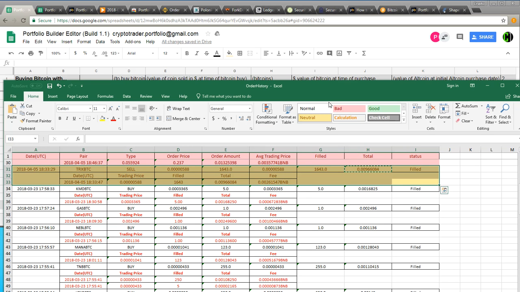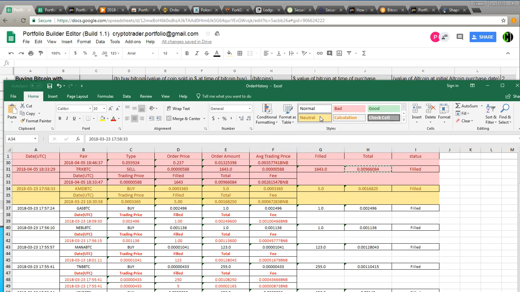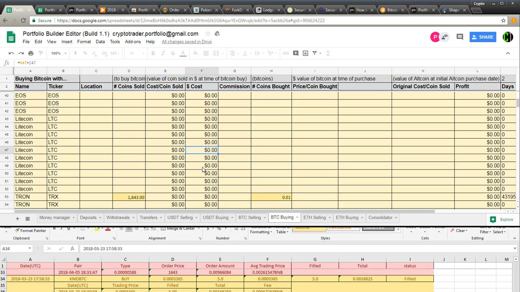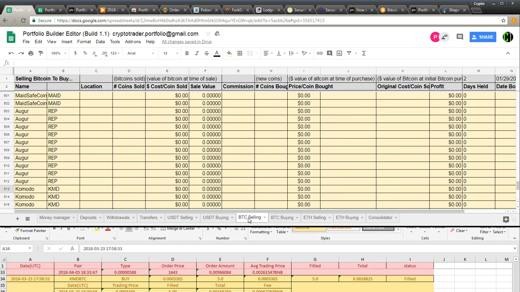Okay, let's go to the next trade. We are now buying KMD, Komodo coin, by selling our Bitcoin. So we go to the Selling Bitcoin tab and we can easily fill in this trade. We're already down here, but I could have hit Control F to find the KMD.